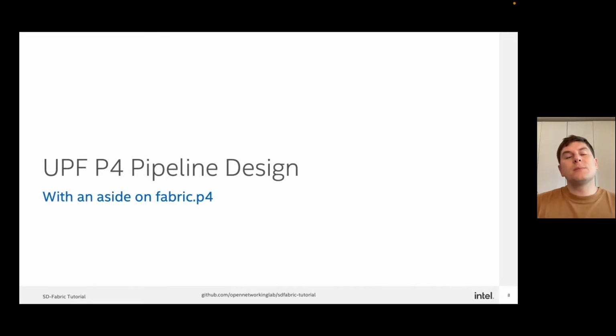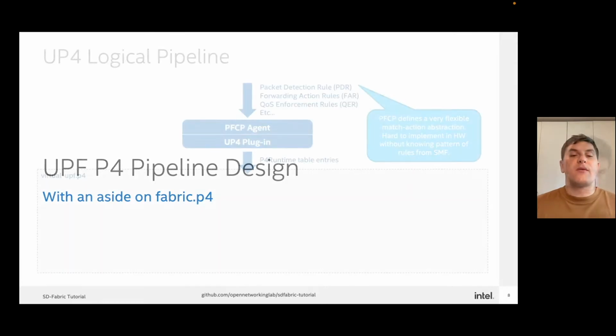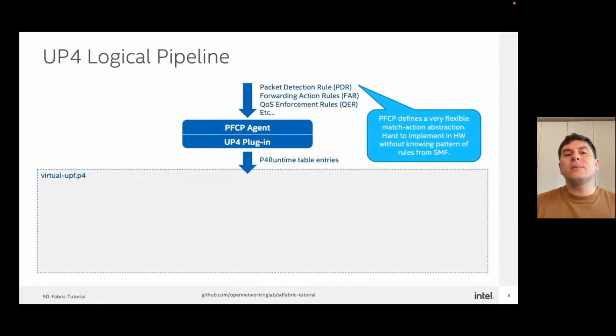Okay, now I want to spend some time talking about the P4 pipeline design of our UPF. PFCP defines a very flexible match action abstraction that can match on a lot of headers and perform all sorts of different actions for QoS, GTP-U and encap-decap, etc. The problem with such a very flexible abstraction is that it's very hard to implement in hardware without knowing exactly which kind of rules will be provided by the mobile core control plane.